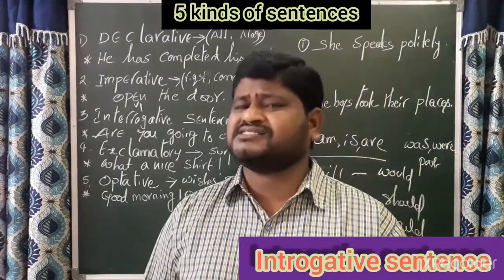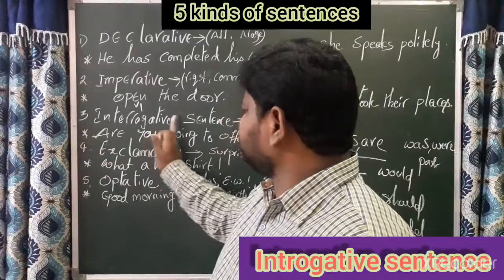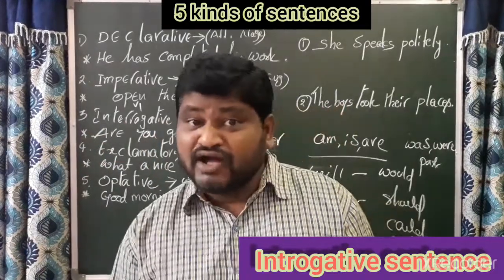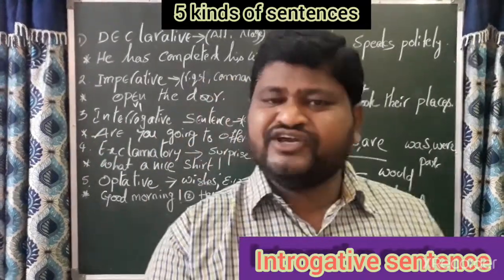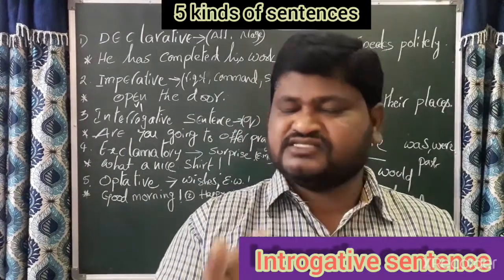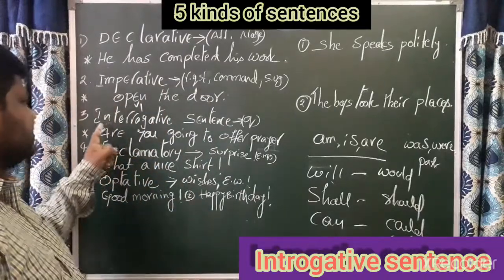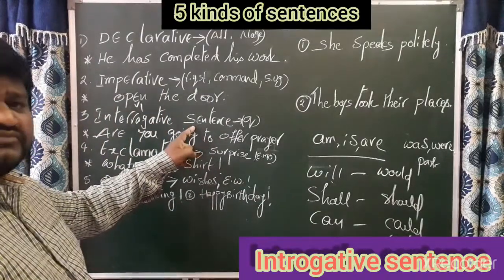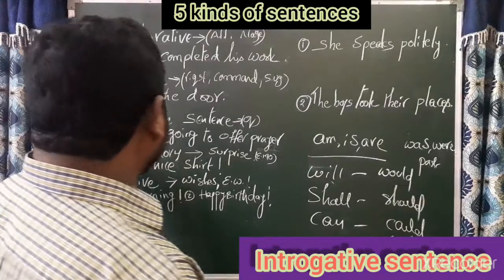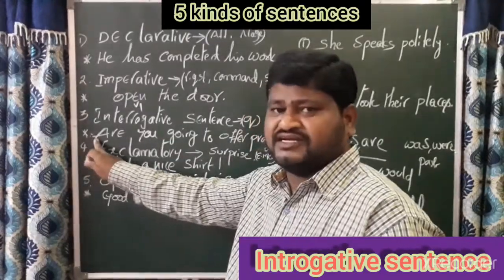If you want to ask questions, you have to use the interrogative sentence. The interrogative sentence always starts with the helping verb. This is the most important topic. The interrogative sentence always starts with the helping verb.